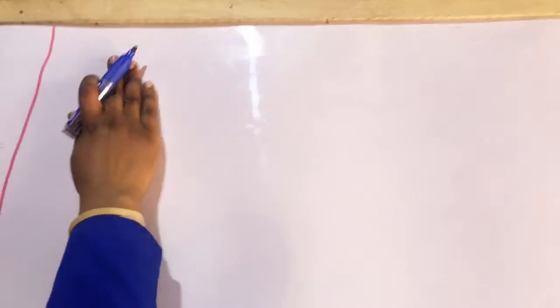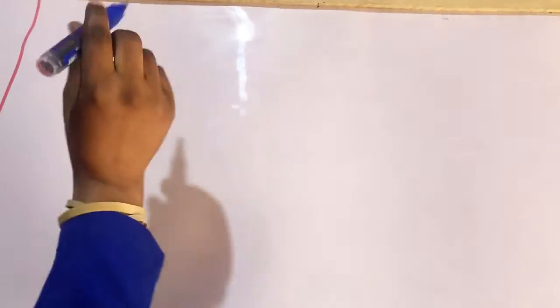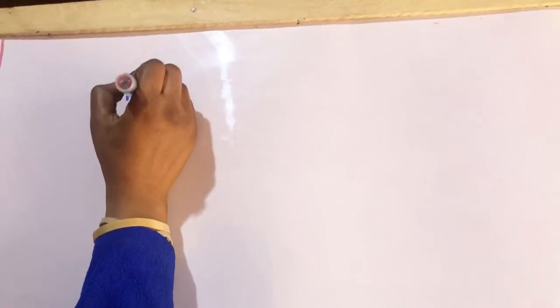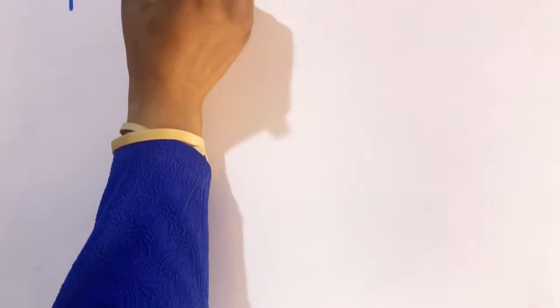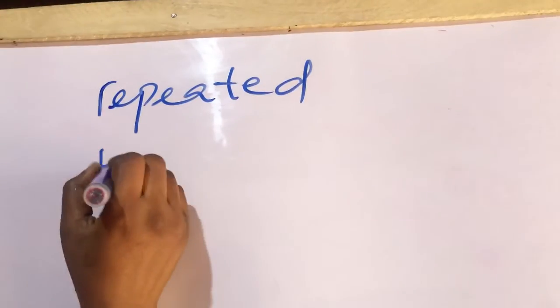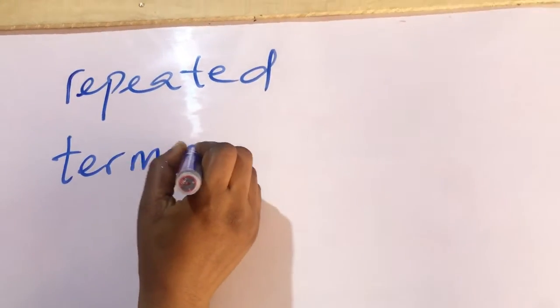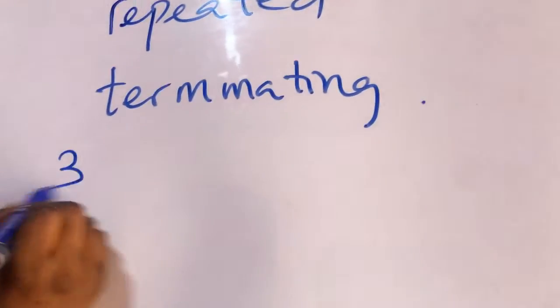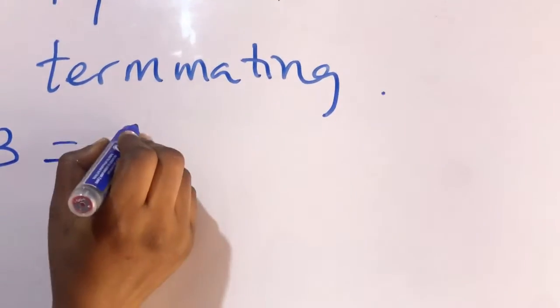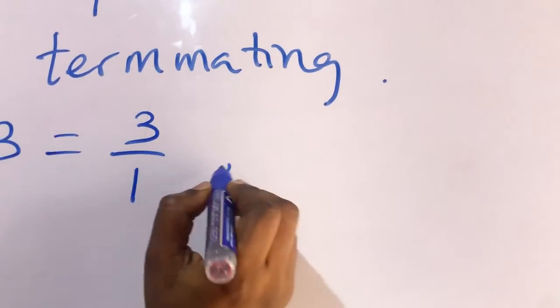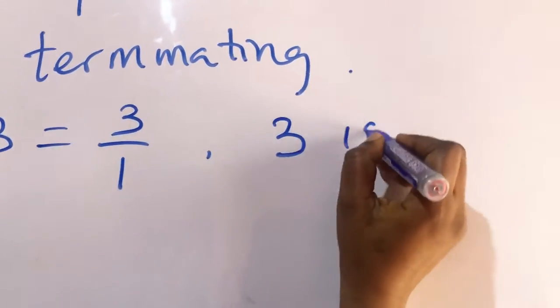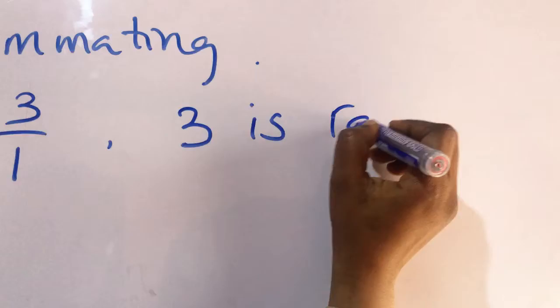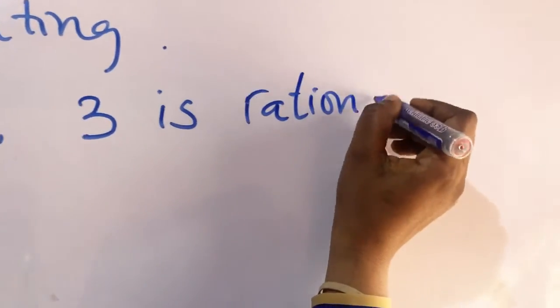If it is changed to decimal, those decimals should be repeating or terminating. If you write 3, you know 3 can be expressed as 3 divided by 1, so 3 is a rational number.